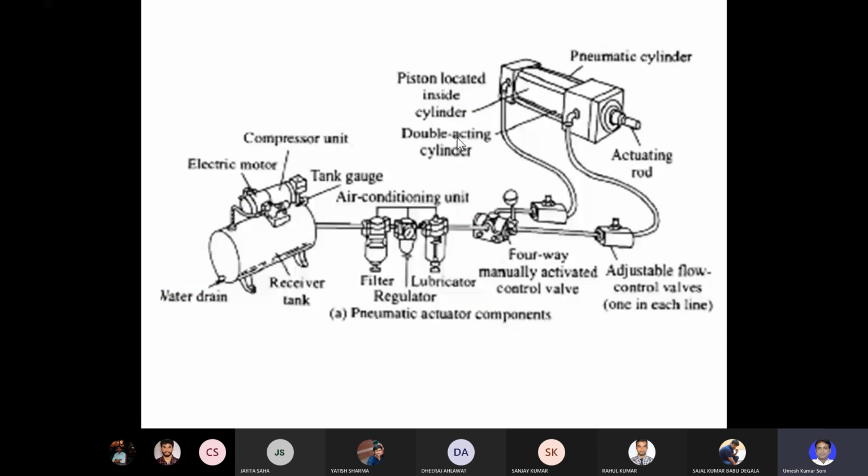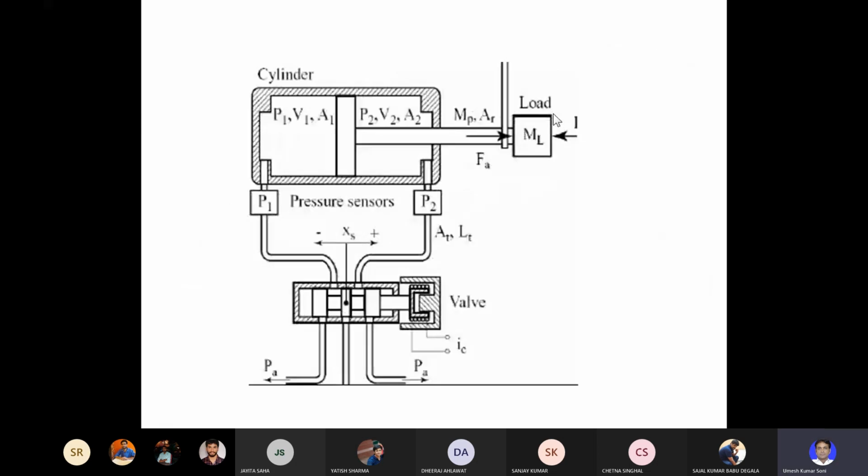So here you can see a manually activated control valve. You can change the direction of the activated pressure. So if you provide the pressure to one of the pipes, then the piston will move forward, and in the reverse direction.